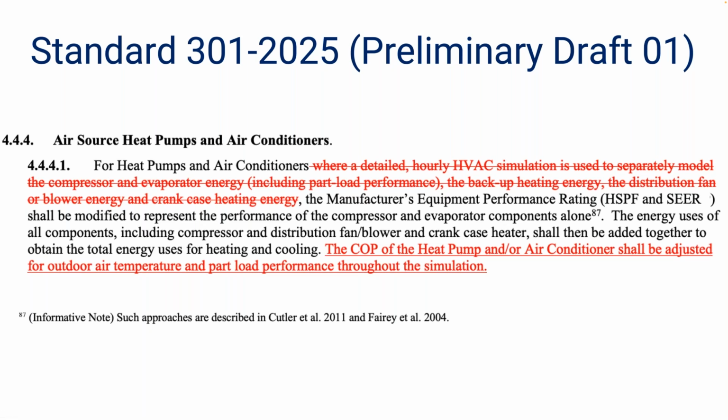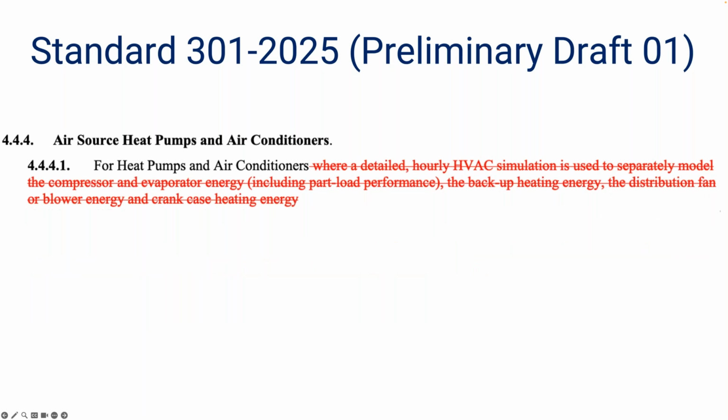You can see the markup here, and I'm going to step through this so people understand. That draft is removing this piece, which discusses detailed hourly HVAC simulations. This was removed because it's now a requirement that all the software tools have to be hourly and provide that detailed simulation for HVAC equipment.